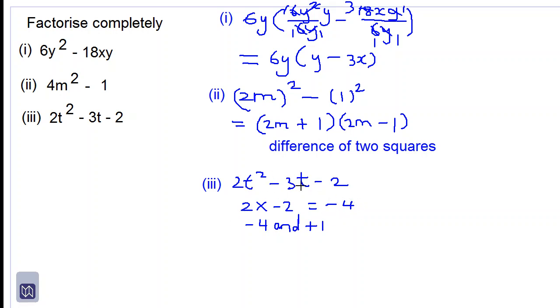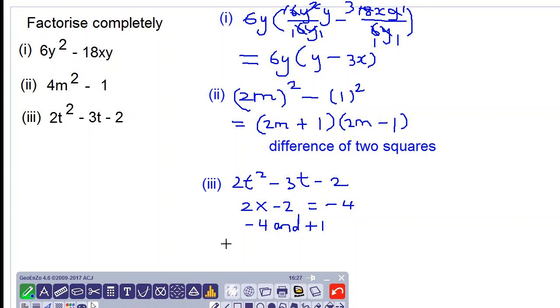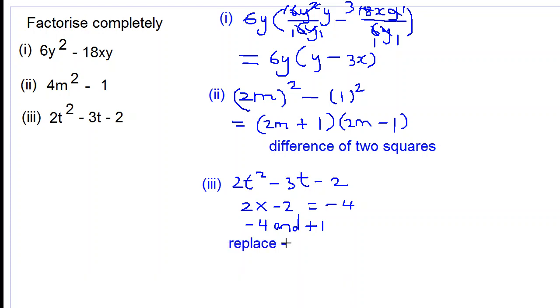So we replace negative 3t by negative 4t plus t. Okay, so now we have 2t squared minus 4t plus t subtract 2.